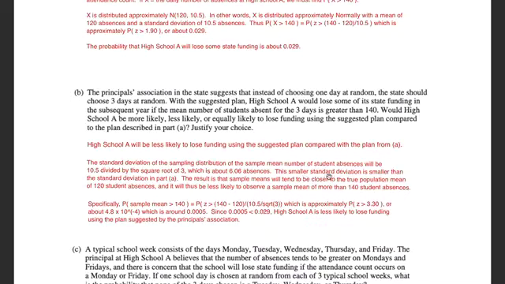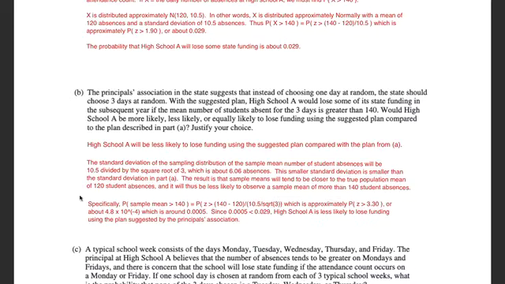This smaller standard deviation is smaller than the standard deviation from part A. So the result is that sample means will tend to be closer to the true population mean of 120 students. So we have less standard deviation around that 120. Sample means will be closer to the truth of 120 student absences, and it will thus be less likely to observe a sample mean of more than 140 student absences.